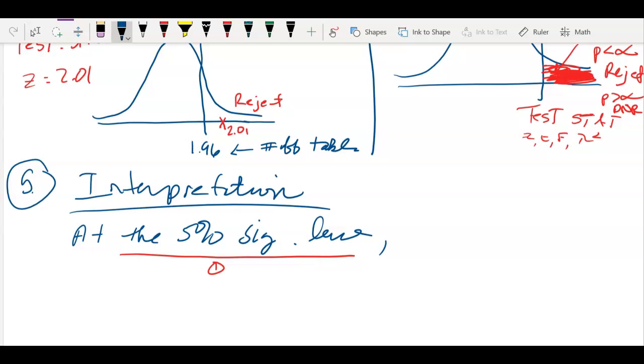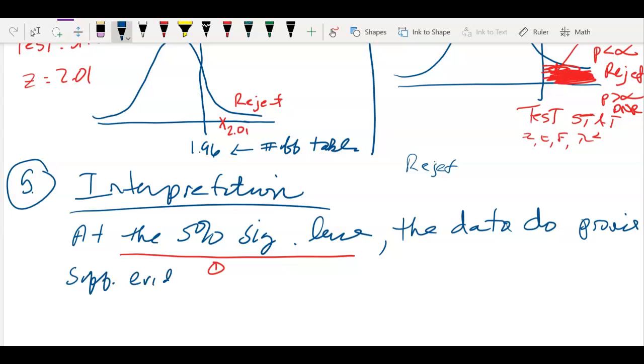Now, if your conclusion was to reject, then you would say the data do provide sufficient evidence. Because remember, this conclusion is only coming from this particular set of data. So it's important to say, hey, this data do provide sufficient evidence.